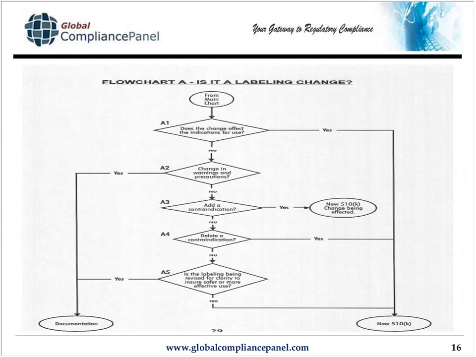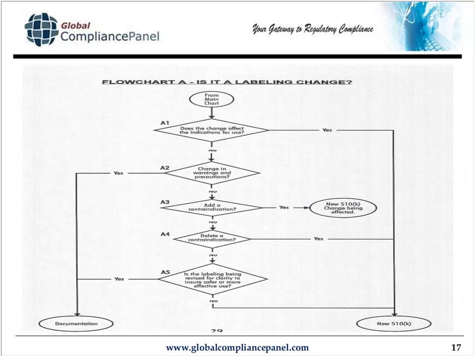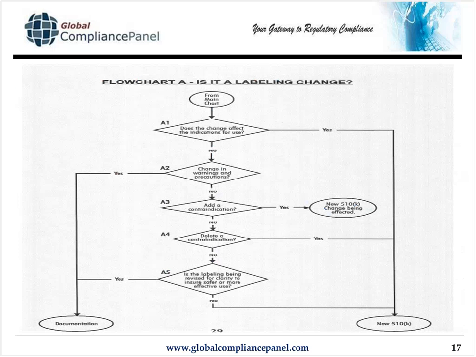Flowchart A begins with the first question that asks, A1 asks, does the change affect the indications for use? And I'll be doing a little jumping back and forth throughout this presentation, because rather than just include the flowchart itself, I've given some examples and exceptions throughout the presentation.